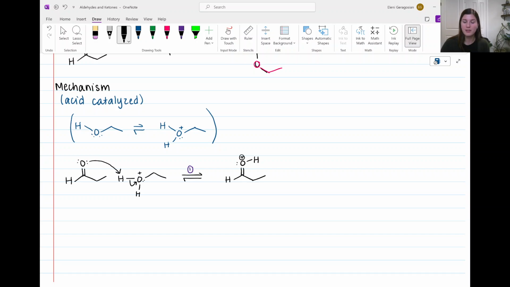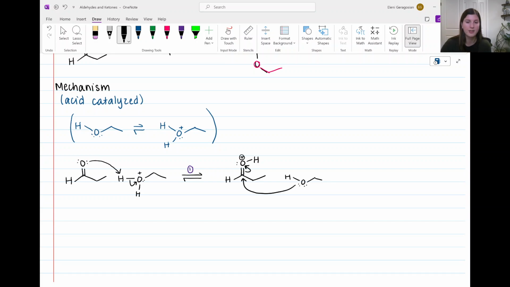We do nucleophilic addition. We have neutral solvent and protonated solvent molecules present. The neutral solvent, the ethanol in this case, is a better nucleophile than the protonated. So that's what we're going to add to that carbonyl carbon. Neutral alcohol creates a bond to the carbonyl carbon.